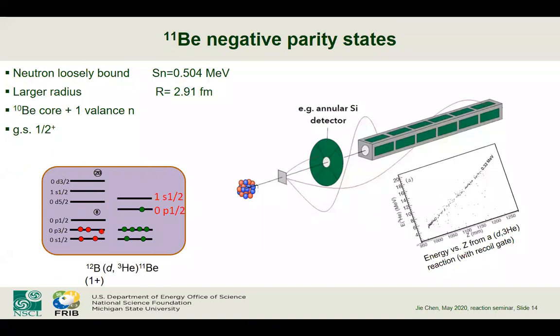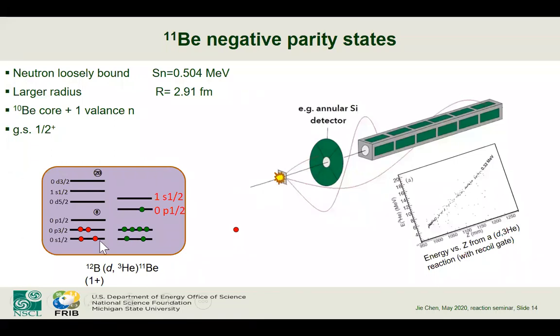So if using the (d, helium-3) reaction, we remove one proton from the p3/2 orbital, we will strongly populate the configuration of the negative parity states within the p shell. Some negative parity states have two neutrons excited to the SD shell; these won't be strongly populated.